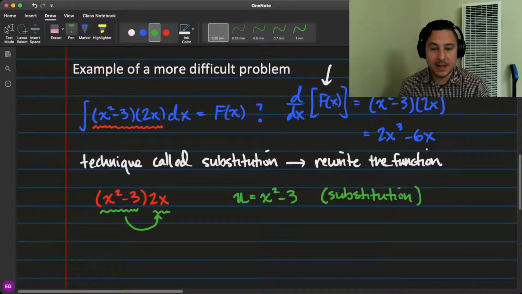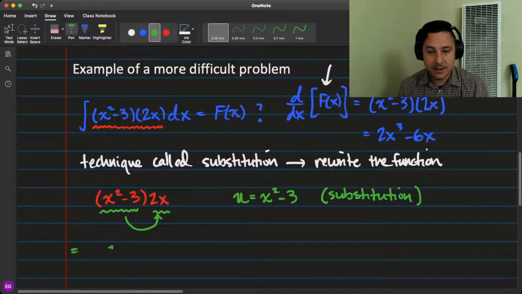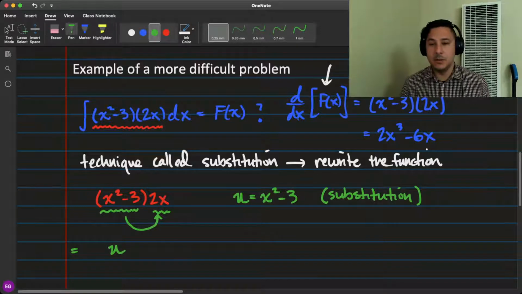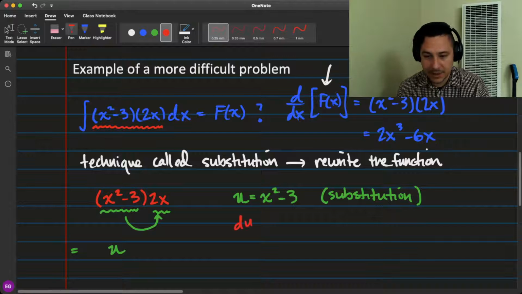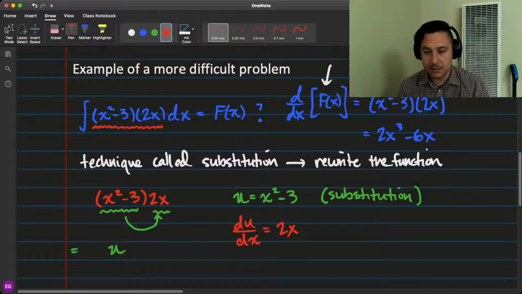Okay, so now this statement can be rewritten. The x squared minus 3 is u. And you notice that if you take the derivative of u, you get 2x. So now you get u times du dx.